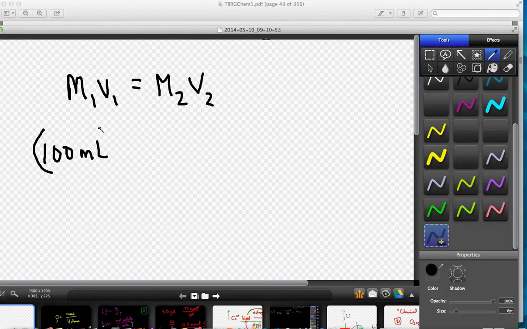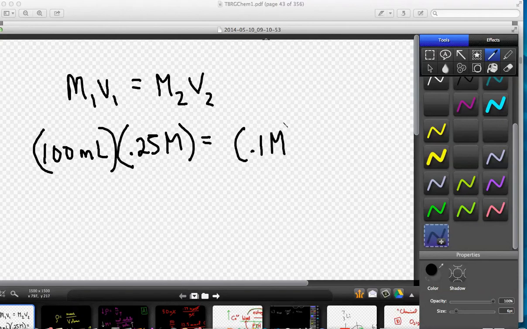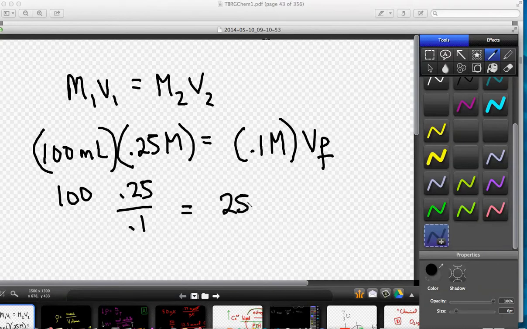Converting is for suckers, especially when there's no reason that you need to. 100 times 0.25 molar equals 0.1 molar times the final volume. 100 times 0.25 divided by 0.1 is 250 mils.